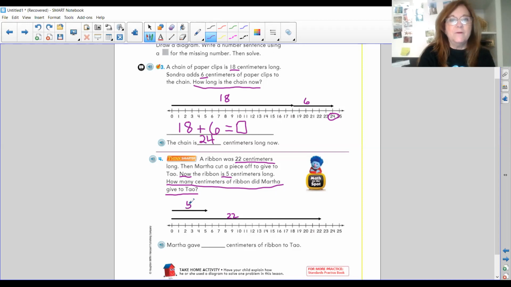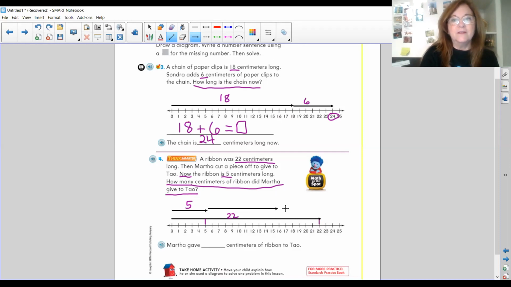So somehow the length that we are missing is from the 5 to the 22. So we could do just like they did in the video.